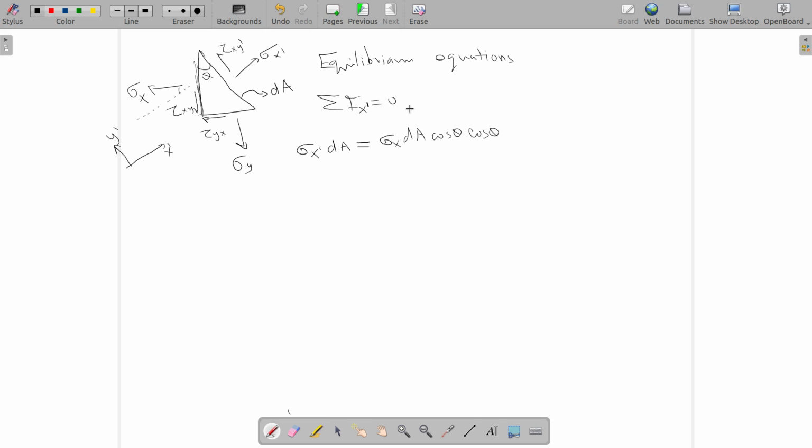The component of force in x dash direction is found by multiplying it with another cos theta. That's the reason why you have two cos thetas.